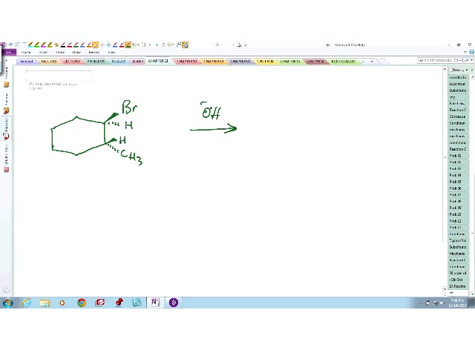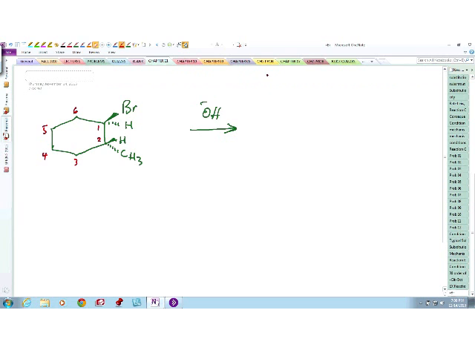I ask, what is the product of this reaction? Let us number this. One, let's call that 1, 2, 3, 4, 5, and 6.